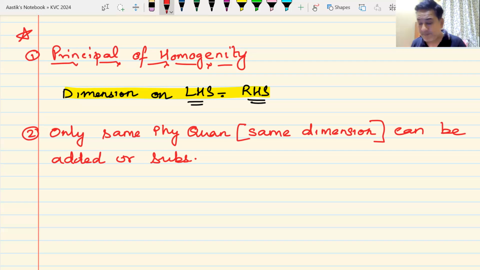Okay. Now, remember, the problem with physics is if you understand one statement, you'll have to also understand how you are going to use that statement in a question. You'll have to apply that statement in a question. Now, how do I apply this statement in a question? That is the problem with physics.